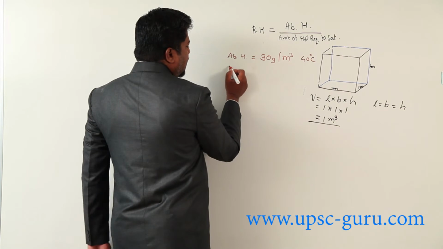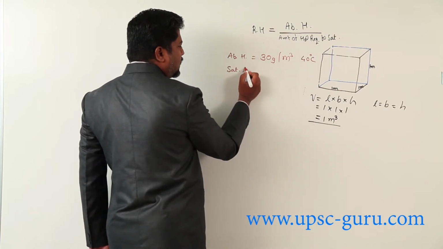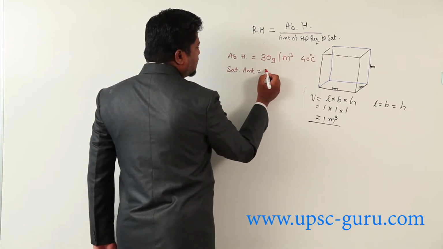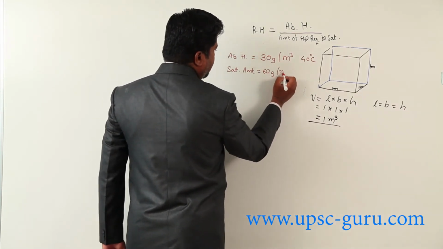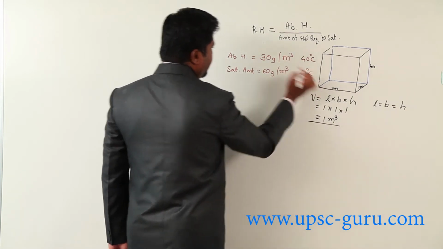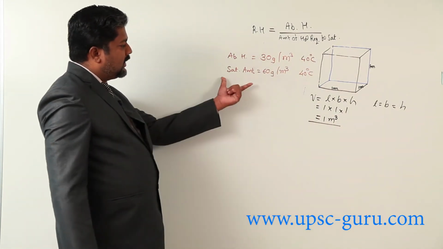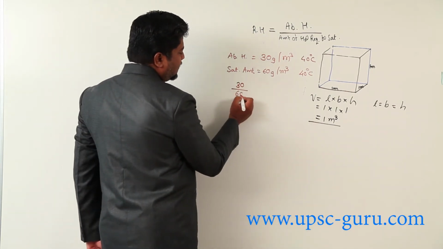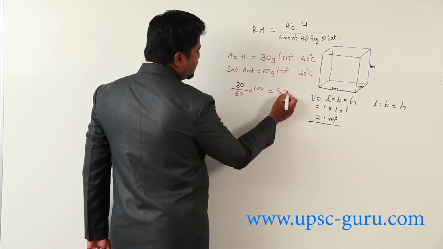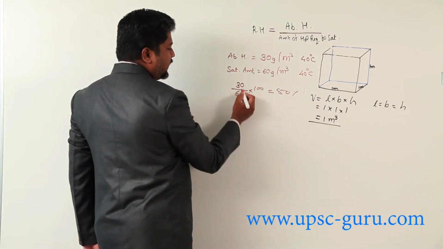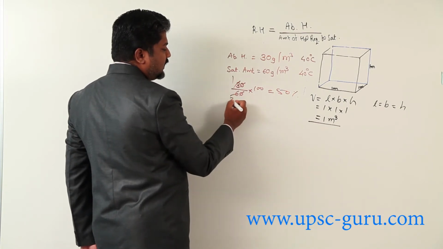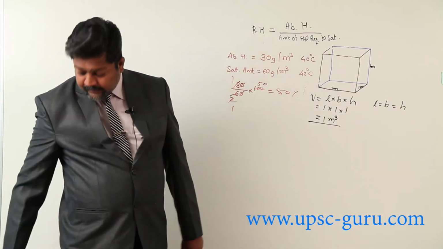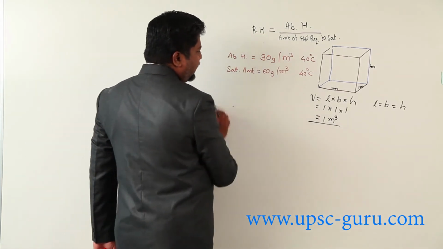Now the saturation amount of water at 40 degrees Celsius is, suppose, 60 gram per meter cube. So what is the relative humidity over here? The relative humidity will be 30 upon 60 into 100, which clearly gives 50%. The zeros cancel out, 3 ones are 3, 3 twos are 6, so that will be 50%. In this example it is 50%.